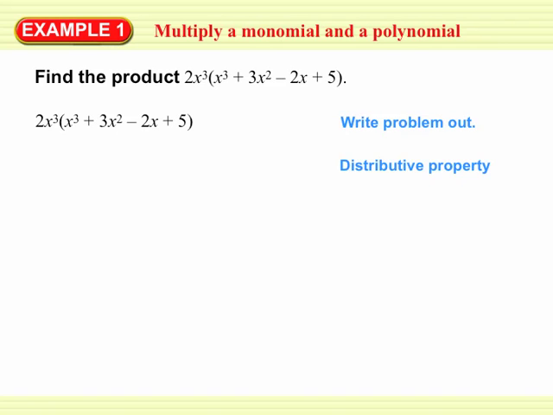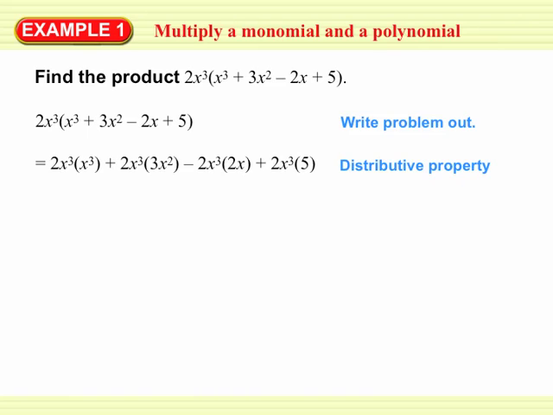What we can do is apply the distributive property. We have the 2x cubed on the outside of the parentheses being multiplied by each term on the inside of the parentheses. When we do that, we see that first we have 2x cubed times x cubed. Then we have 2x cubed times 3x squared.